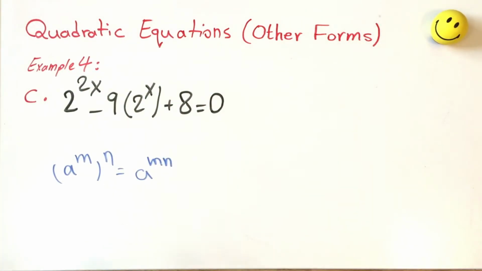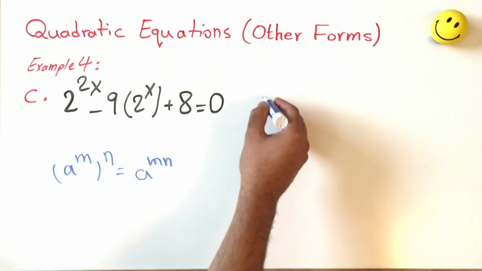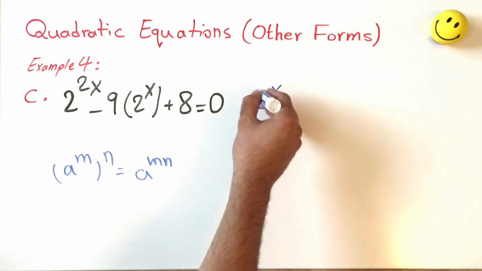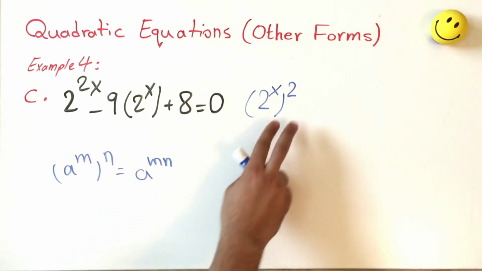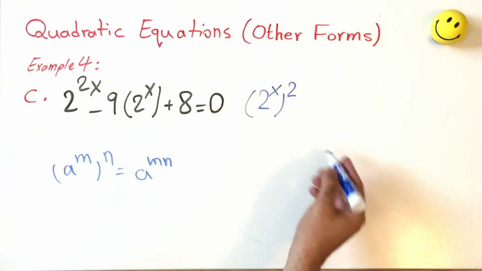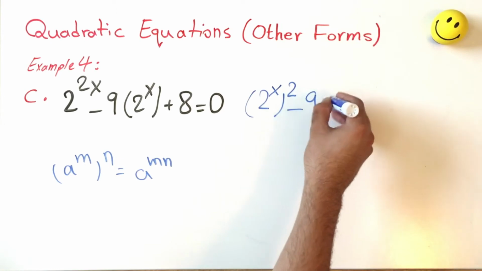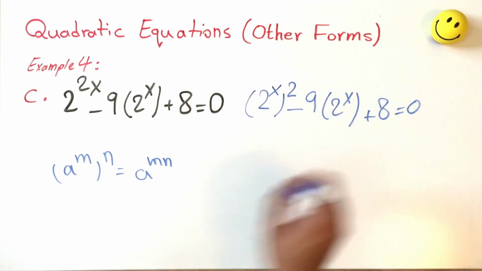So what do I mean by that? Let me just show it here. So instead of 2 to the power of 2x, I'm gonna write 2 to the power of x, to the power of 2. This is going to be the same thing, right? Because if you multiply these, it's going to be 2x. And I will repeat the rest of the equation, the same thing, plus 8 is 0.